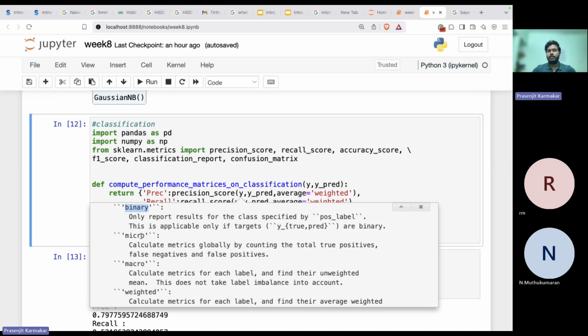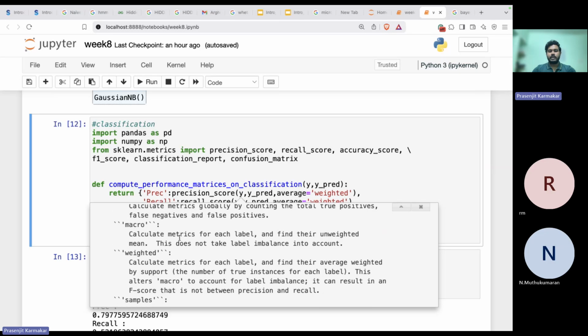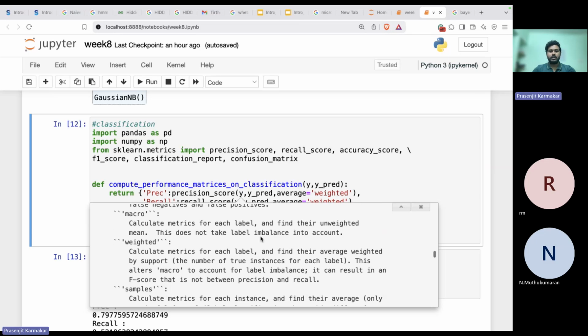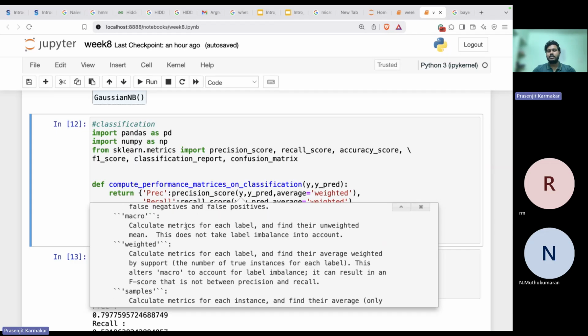Micro is applicable for a multi-class instance, where it calculates metrics globally by counting the total true positives and total false positives. Macro calculates metrics for each label and finds their unweighted mean. This does not take label imbalance into account, so all the classes have the same impact on the computed metric for a macro average.